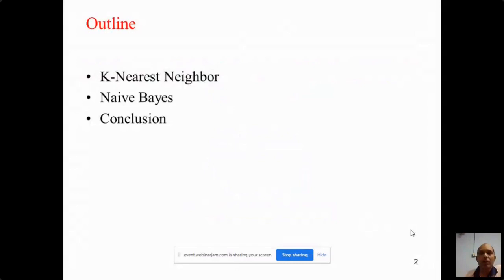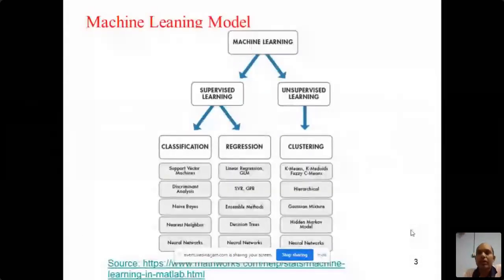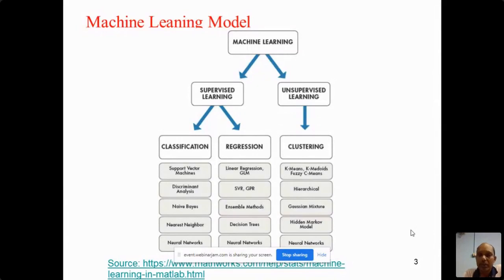Now, as you know, we can categorize machine learning algorithms broadly into two ways: supervised machine learning and unsupervised machine learning. In unsupervised machine learning, we don't have any class information, meaning data points don't have any class label. But in supervised machine learning, the training data set has the labels, and based on this training data set, we train the model, and then each data point is classified into the respective class.